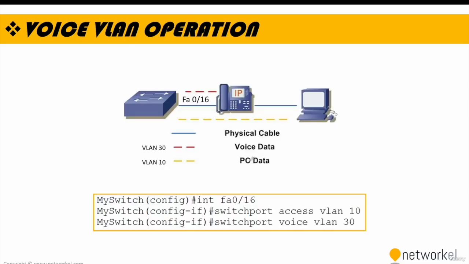How am I doing the voice VLAN? It is always recommended to separate data and voice traffic, and most of the time we use a separate VLAN to carry the voice traffic, guys.